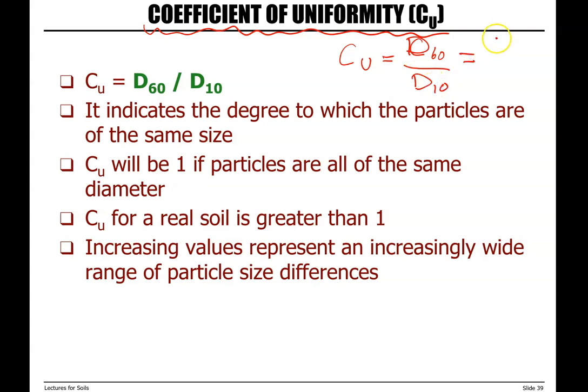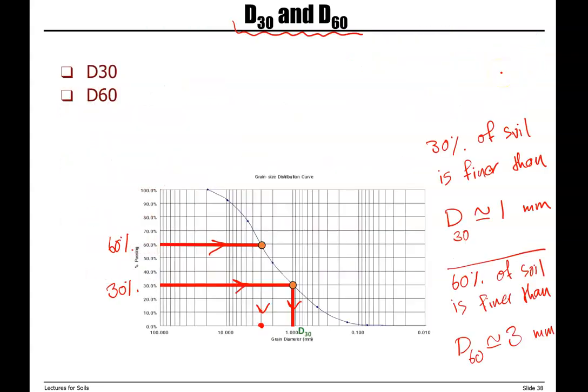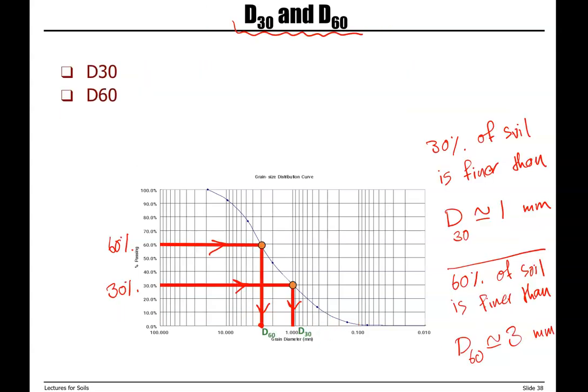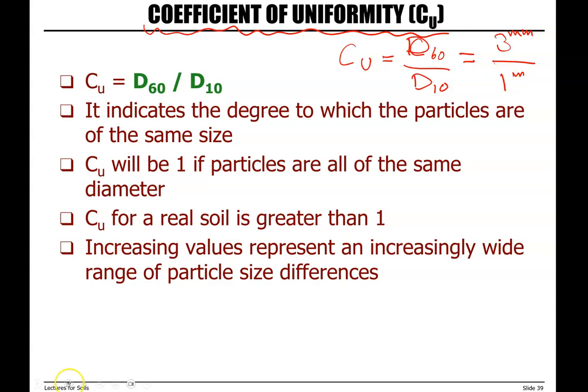So in the previous example, we had 3 millimeters divided by D10, which was 0.35 millimeters. That's our coefficient of uniformity. So in this example, it's equal to 8.57.